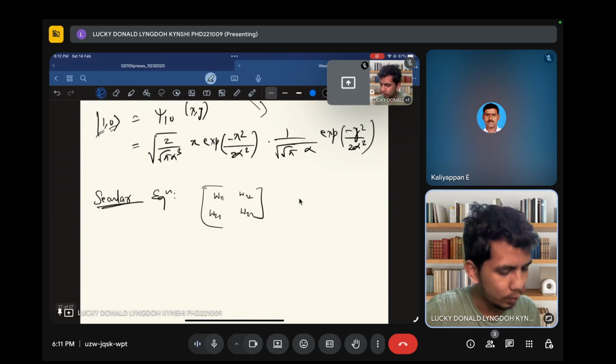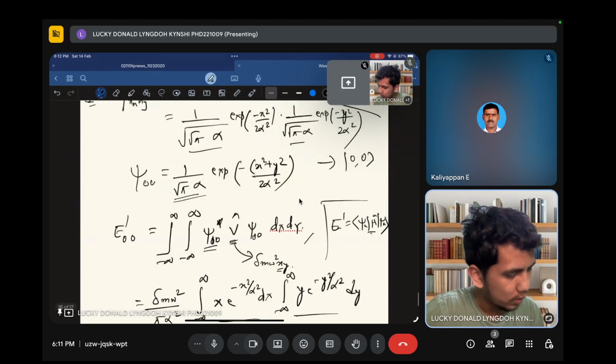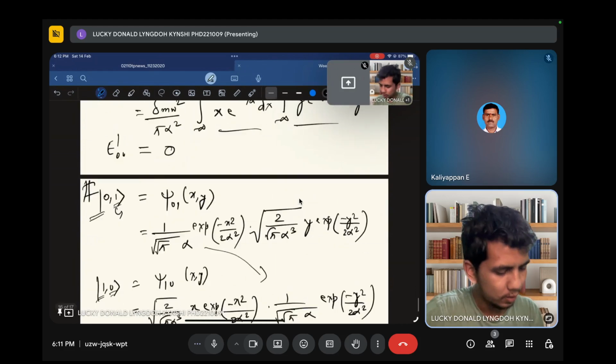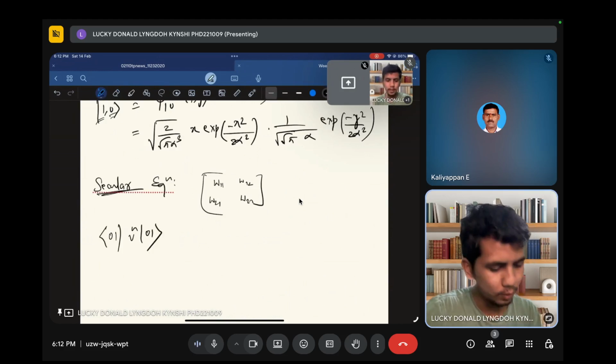So the first thing we will talk about is the 0, 1 state. How is the first energy correction for this state? If you remember, we will use again this equation which is given to you, psi n H prime psi n. So ideally you will have to solve this equation, 0, 1 V prime 0, 1, right? So this will be your first correction term.